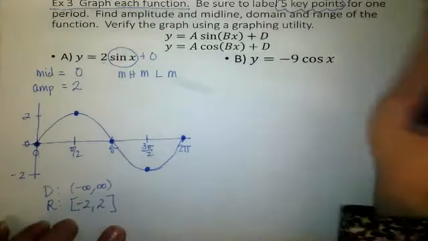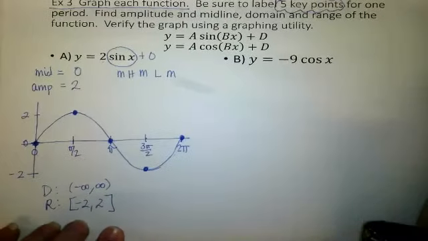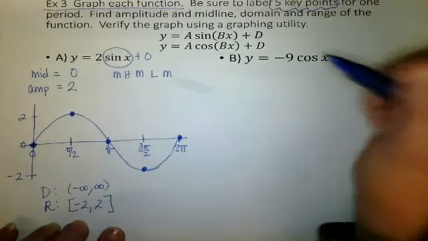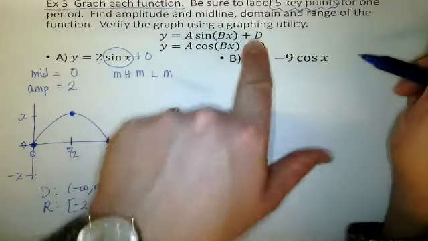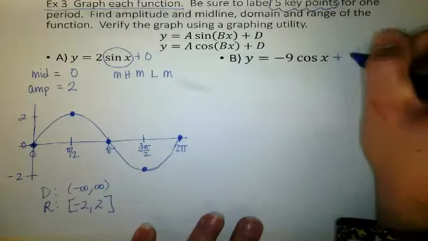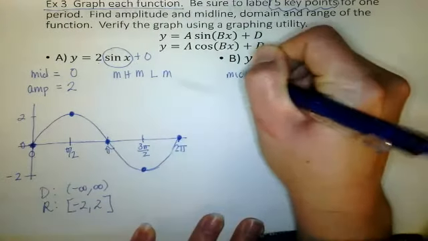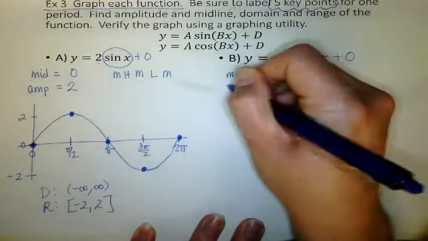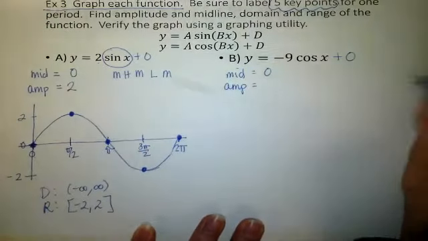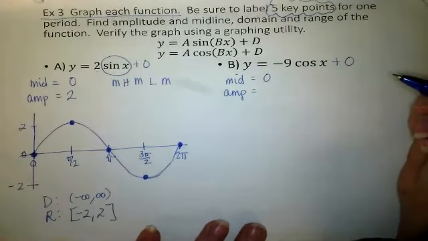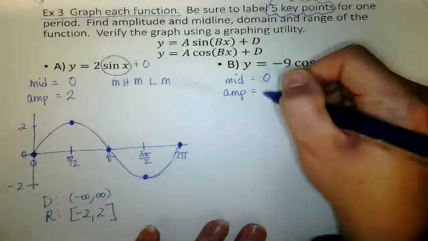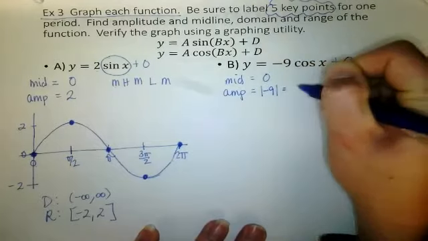Let's look at letter B. What's the D value? What's the number on the outside? 0, yeah. So our midline is 0. And what's our amplitude? Trick question. Amplitude is always positive.